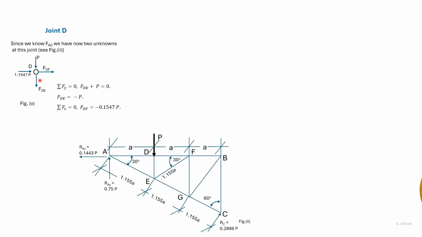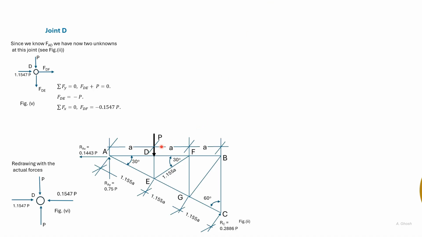So here we have the free body diagram of joint D. Using summation Fy is equal to 0, we see that FDE is equal to minus P, and we also find FDF. We have then redrawn joint D with the actual forces.